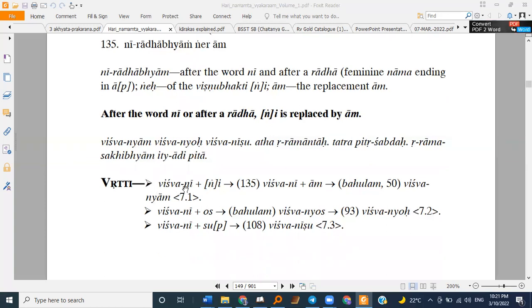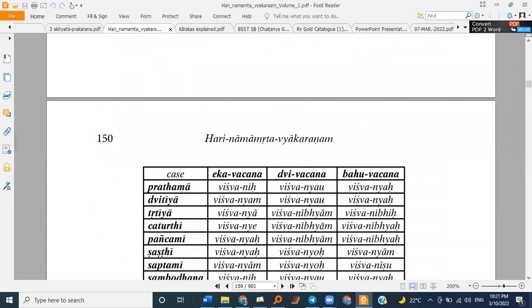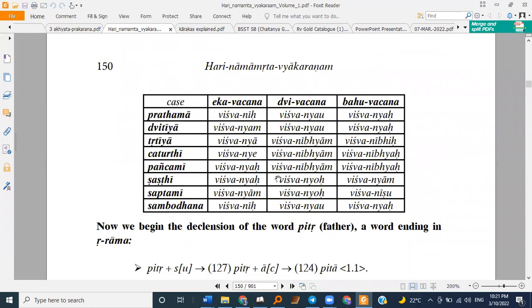So when we have Vishwani Yukt Ni, this Ni gets replaced by Am. So we get Am here, and just Idvameva Sarveshware, so Vishwanyam, Vishwanyoho Vishwanyeshu.